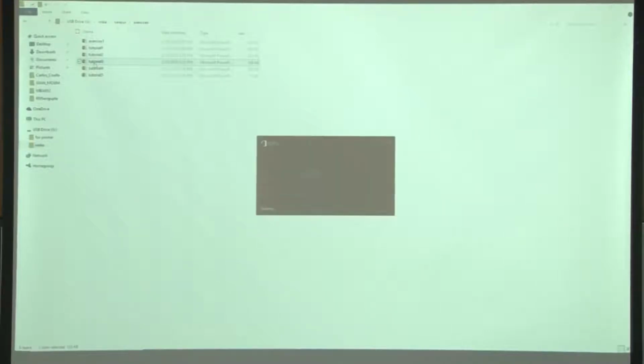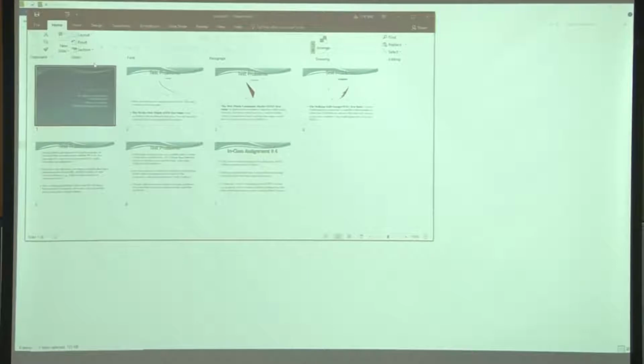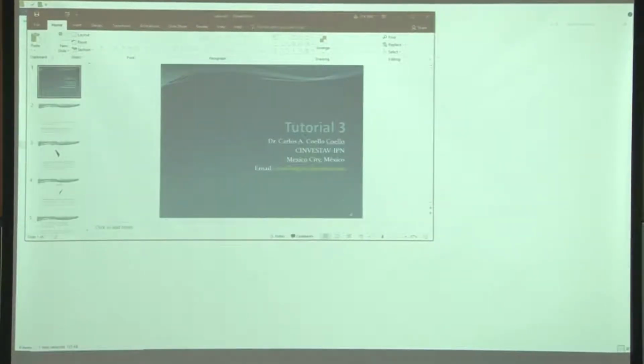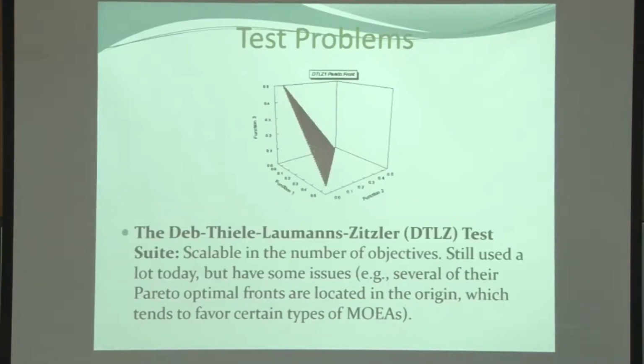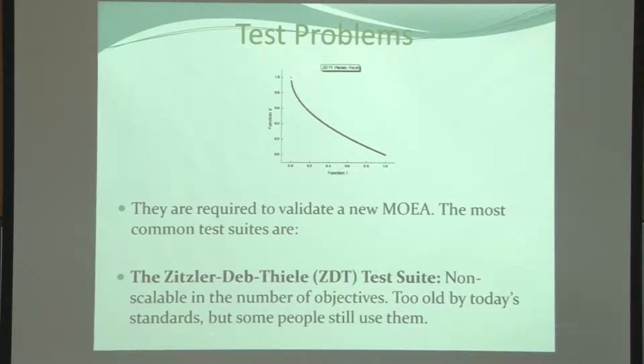So before we move to the next lecture, which is on performance indicators, this is just for those of you who are interested in doing research in evolutionary multi-objective optimization.